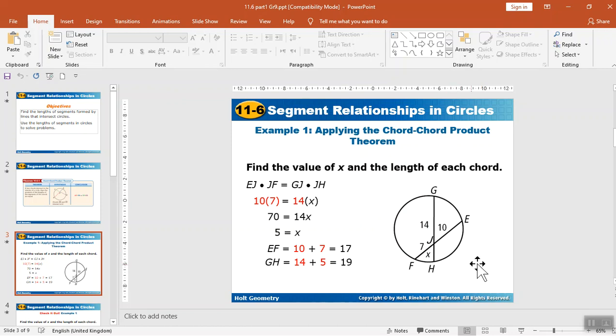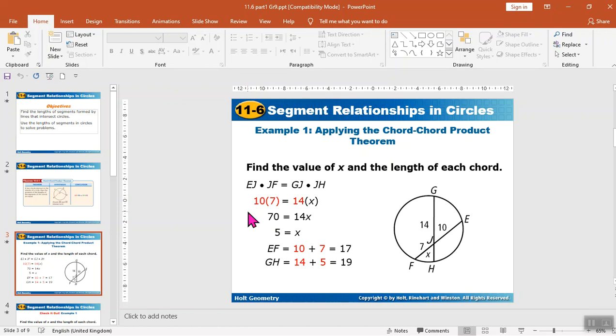The theorem says that if we multiply FJ times JE, it will be equal to the product of HJ times JG. So we wrote it here, as you can see.